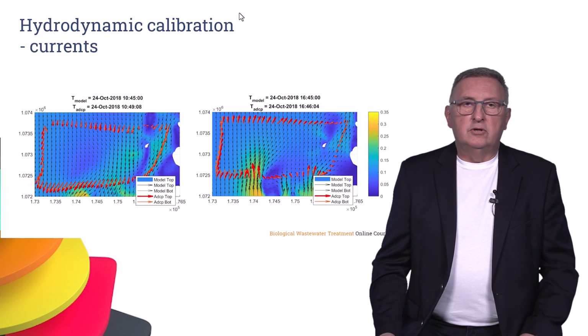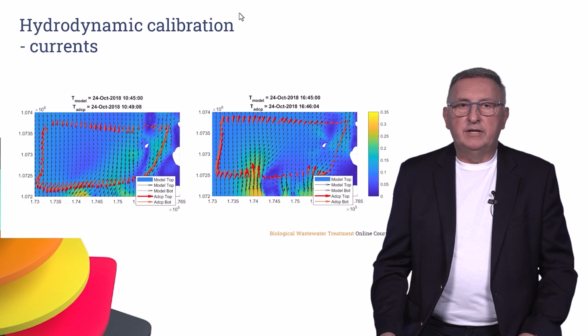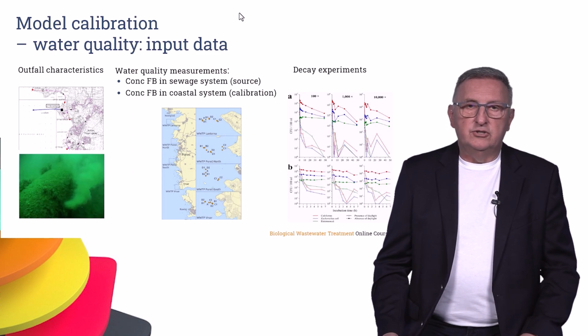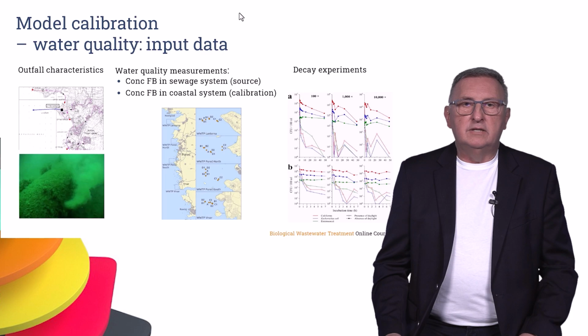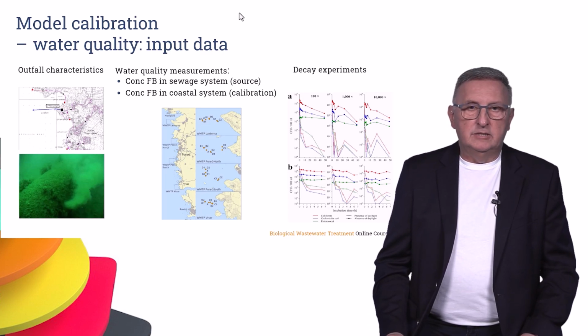Then we also obtained information about the currents, and we calibrated the currents so that we could get a good prediction of the currents along the Istrian coast, and specifically in this area of the length of 23 kilometers. Then we needed more data about water quality. These data were obtained from the sampling procedures that I have already explained.